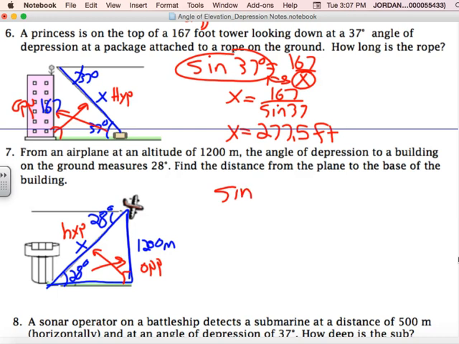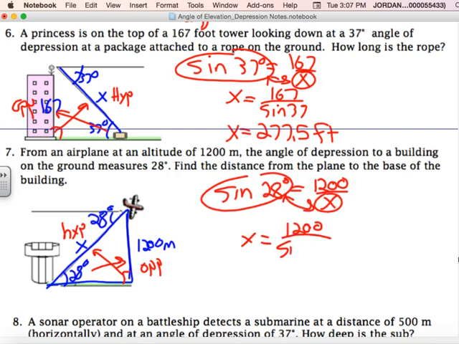So sine of the angle, sine of 28 degrees, equals the opposite side, 1,200, over the hypotenuse X. And then we do what we did on the last problem, we swap them. So X equals 1,200 divided by the sine of 28 degrees.